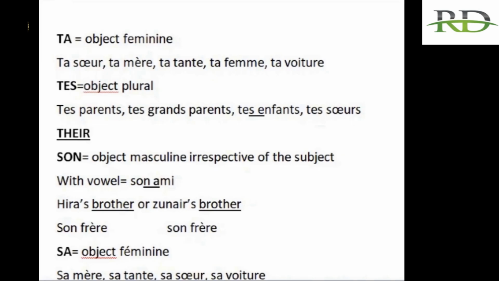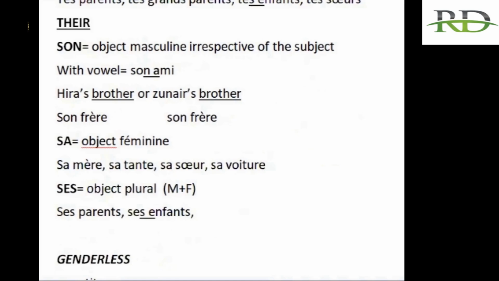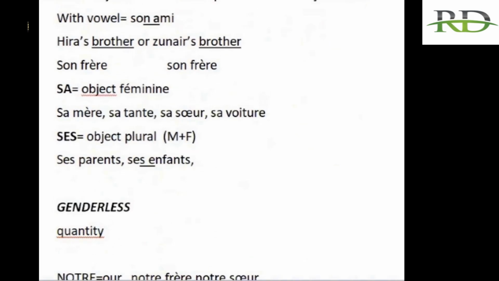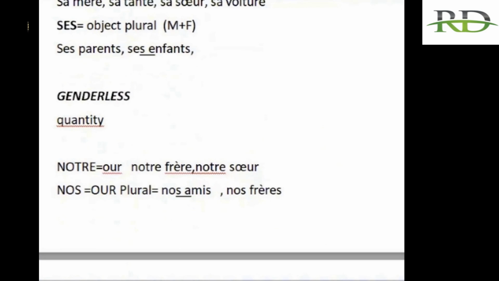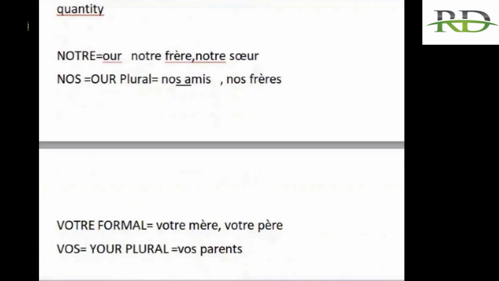Okay, now we have some possessive adjectives which are genderless. Here, you don't need to worry about the gender. Here, you're going to only see the quantity. For example, hamara, or if you want to say hamari, for both of them you're going to use one thing. Why? Because you're talking about a singular object. Hamara bhai, then you're going to say notre frère. Hamari behen, still you're going to say notre sœur.